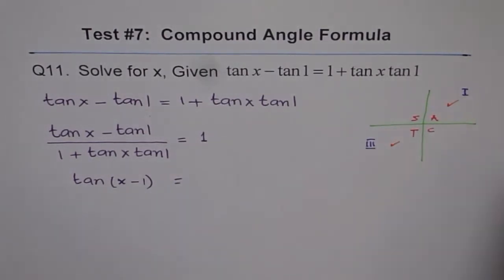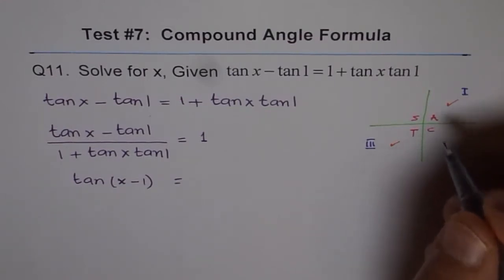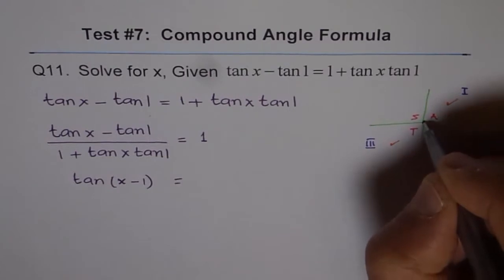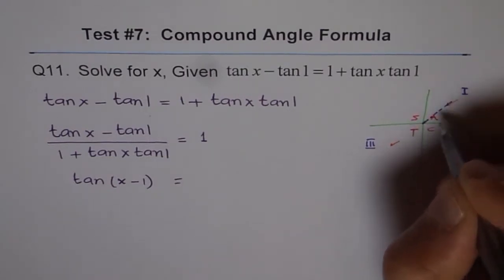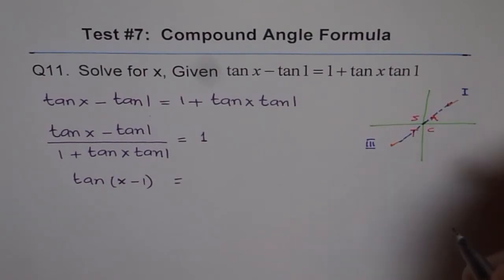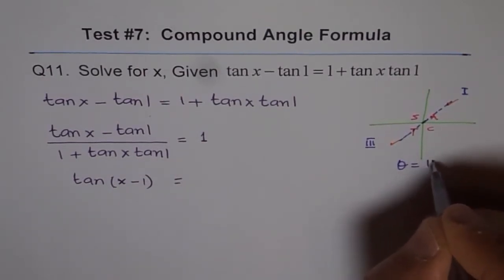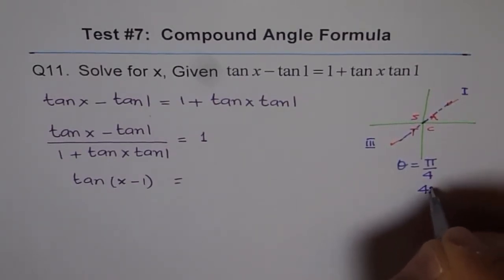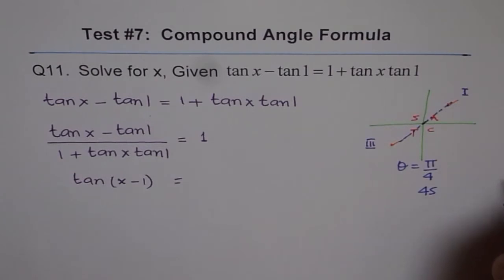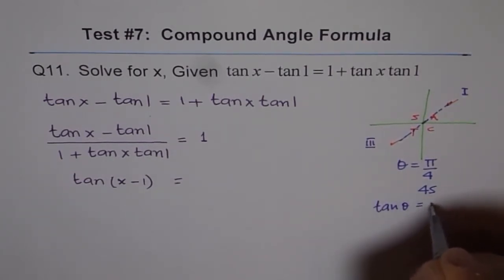1 means what? tan theta equals 1 means theta is 45 degrees or pi by 4, either one of them. If you are working in degrees, use 45 degrees, and in radians it is pi by 4. So for theta of pi by 4 or 45 degrees, we know tan theta is equal to 1.